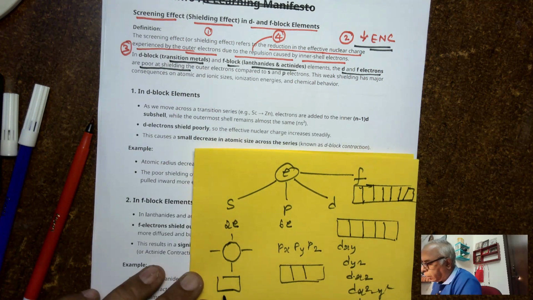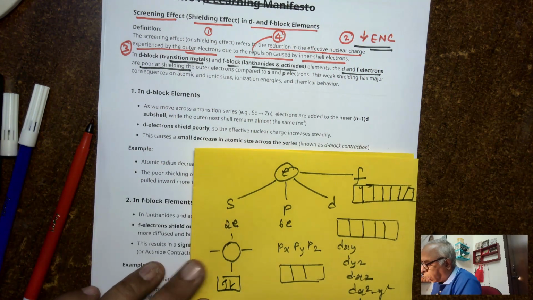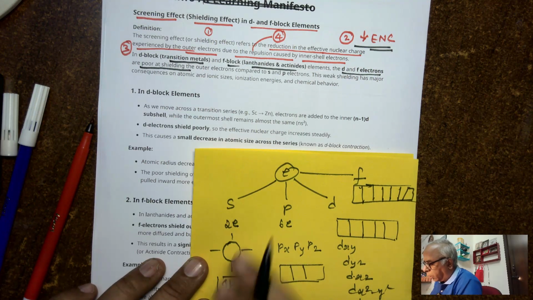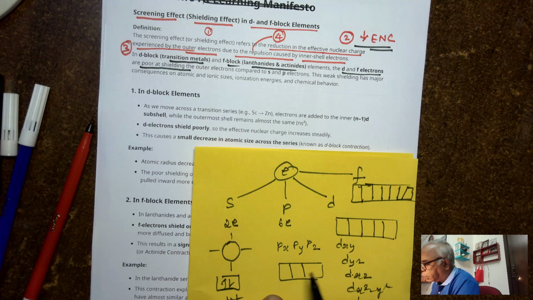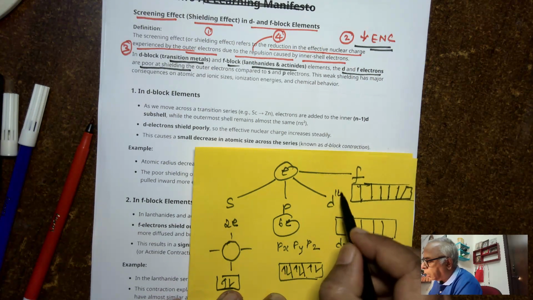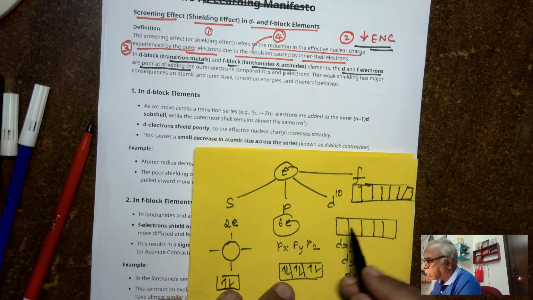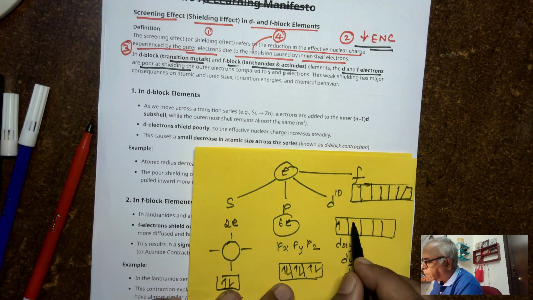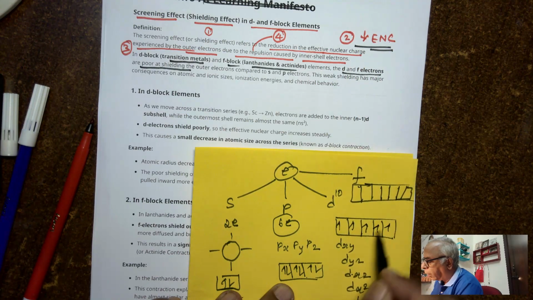Okay, so here the electrons are organized like this. This is 1s2 or simply s2. And what about this? This is 1, 2, 3, 4, 5, 6. So there are 6 electrons in the p orbital. Likewise, the d orbital can have maximum 10 electrons, like 1, 2, 3, 4, 5, 6, 7, 8, 9, 10.